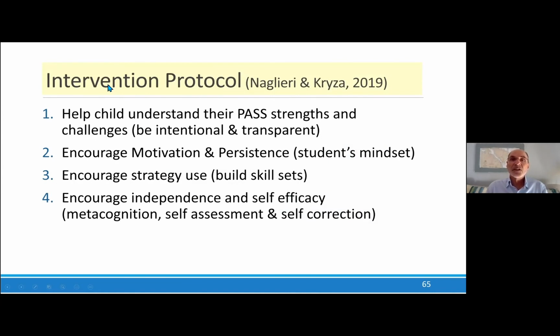And remember this, the first step should be tell the student what you found. You don't need to worry about the student not understanding because you can explain it in kid language. It's not hard. What happens when you do that? All of a sudden the kid says, yeah, that's right. I just can't concentrate.